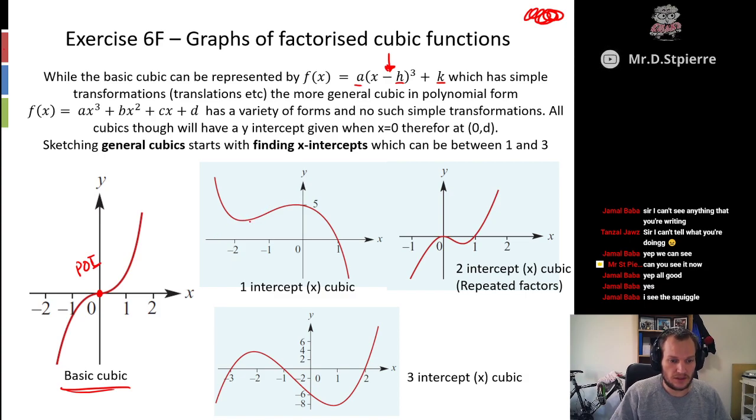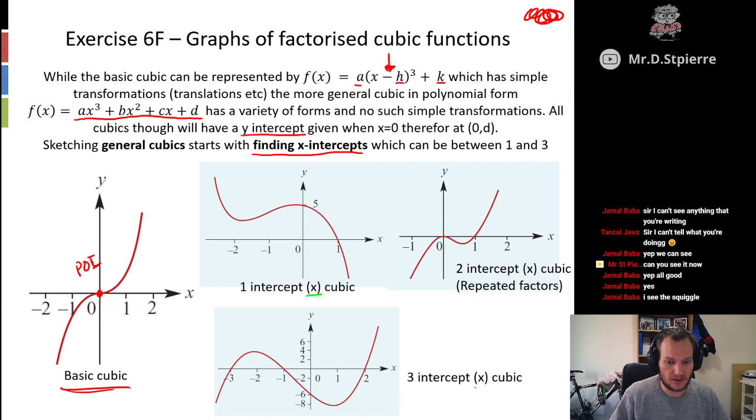For the new form, we're going to graph the polynomial version, the full ax cubed plus bx squared plus cx plus d. The way we graph this is by factorizing it, finding all of its x-intercepts and also its y-intercept. Depending on how many x-intercepts there are, we define three different types of graph.